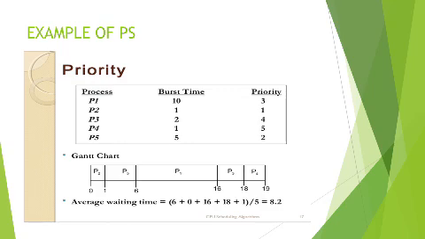Then 6 plus 10 provides 16. Next we take P3, which has the fourth priority and value 2. 16 plus 2 gives 18. Next we take P4, which has the fifth priority and value 1. So 18 plus 1 is 19. To find the average waiting time, we add all these values and divide by the total number of processes. It provides 8.2 as the answer.